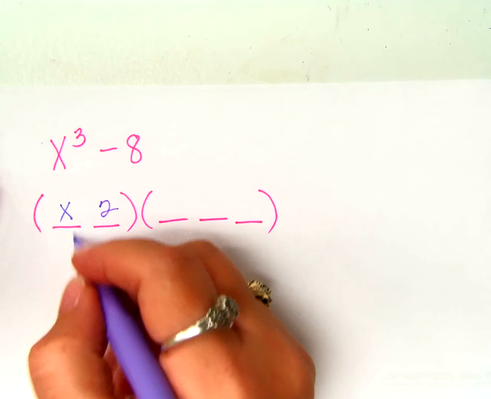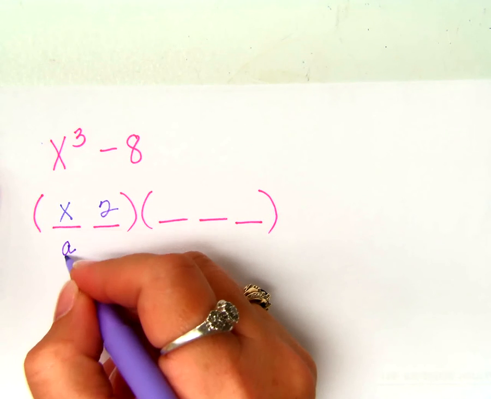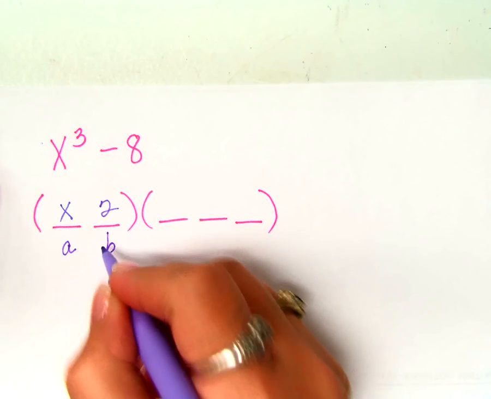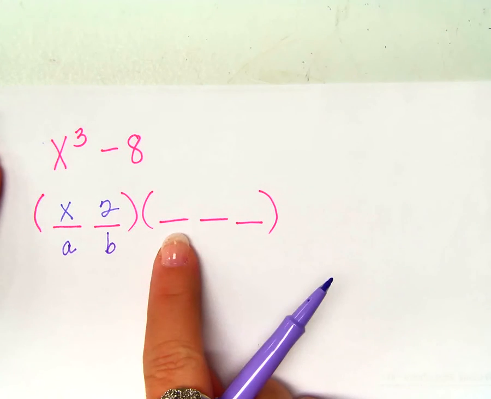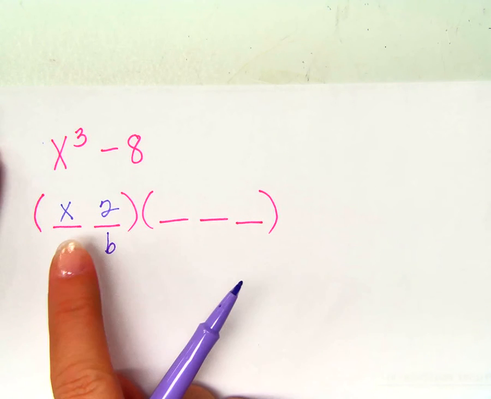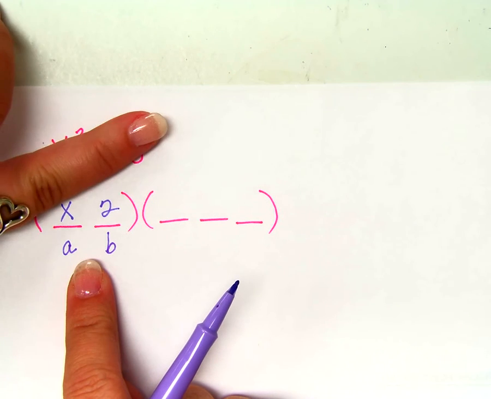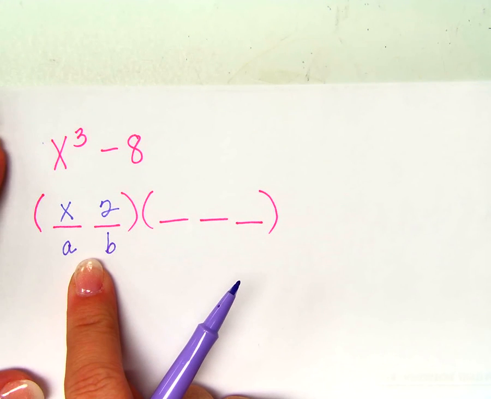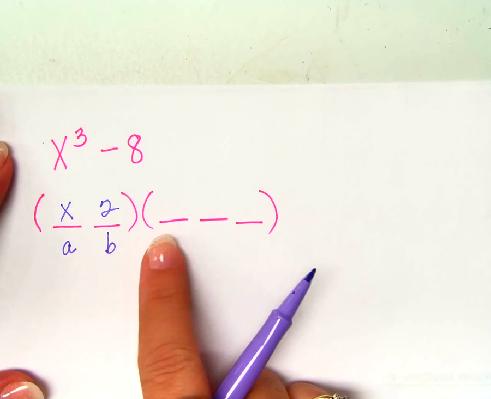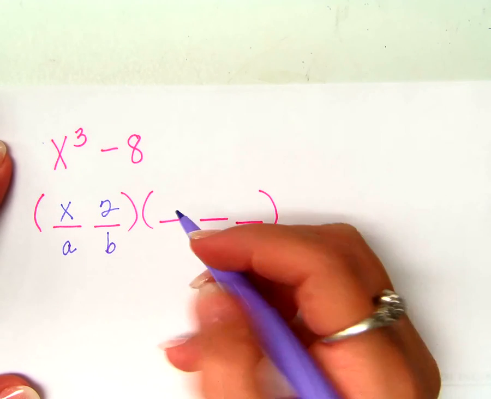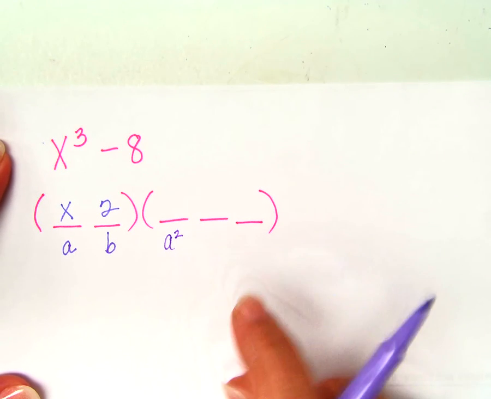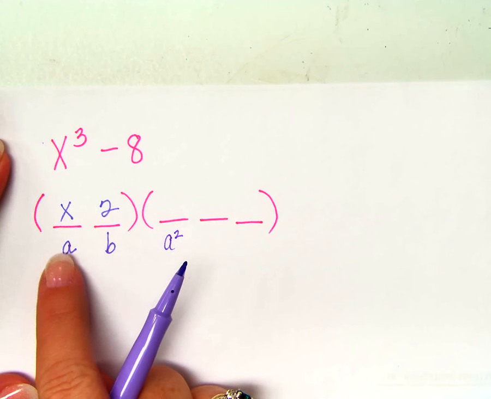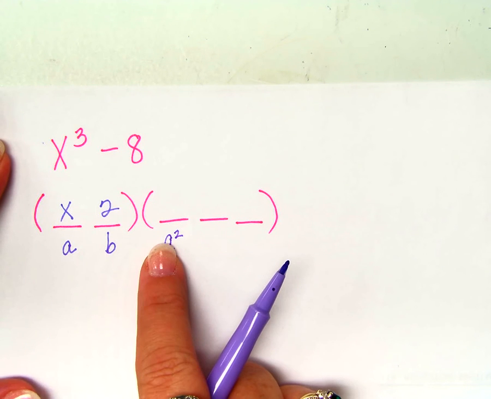Okay? So for argument's sake, for just a second, we're going to call this an A term and we're going to call this a B term. All right? Because we're going to fill out the trinomial by using the binomial. We're not even going to pay attention to the problem anymore for now. Okay? The first term in the trinomial is a squared. So whatever is right here, square it.